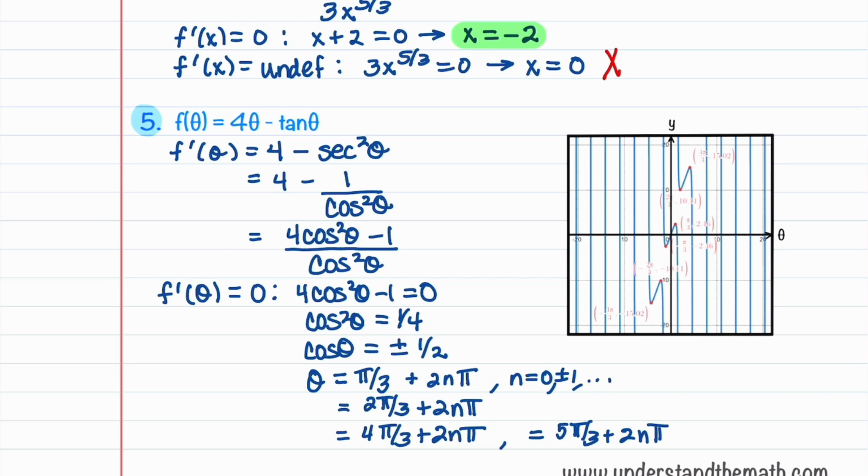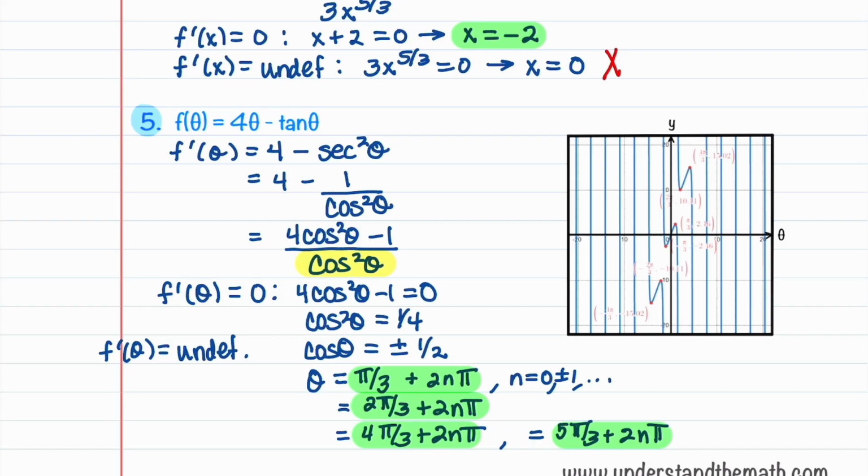Let's go ahead now and highlight our critical numbers. It's this one, this one, this one, and this one. Now we have to think about where f prime of theta is undefined. If we look back up at our derivative, f prime is going to be undefined where the denominator is equal to 0.